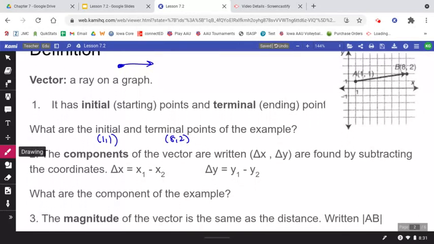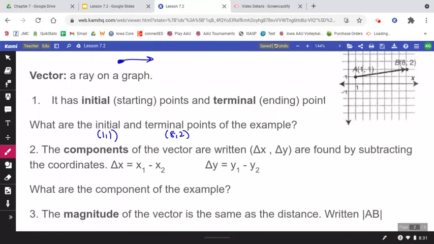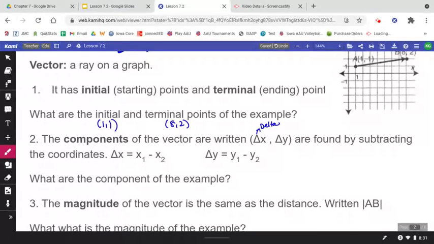The next definition we're going to have is components of the vector, and they're written as delta x and delta y. Basically, what the components are asking is what is the change between the x coordinates and what is the change between the y coordinates. So for this one, for the components of x, I want the change between 1 minus 8, which is negative 7.